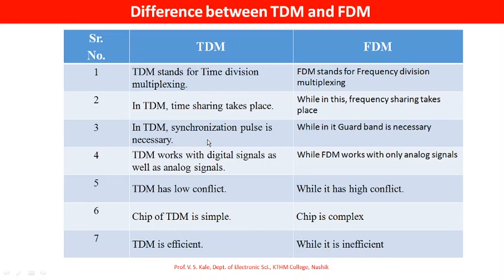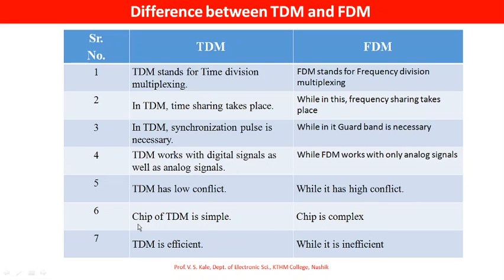In TDM, a synchronization pulse is necessary, while in FDM, a guard band is necessary to avoid overlap of the neighboring channel. TDM works with digital signals as well as analog signals. FDM works only with analog signals. TDM has low conflicts, while FDM has high conflicts.